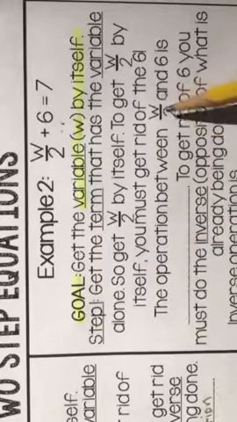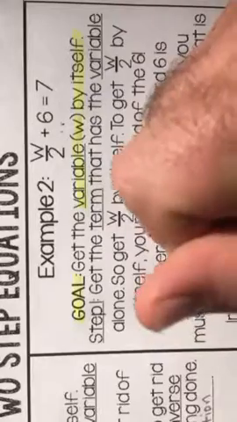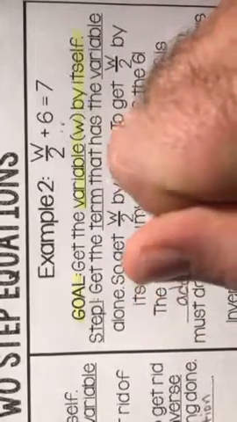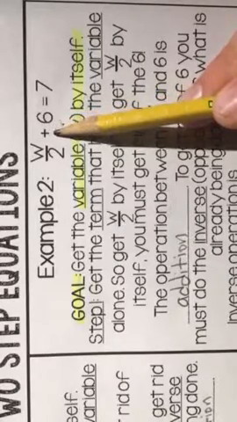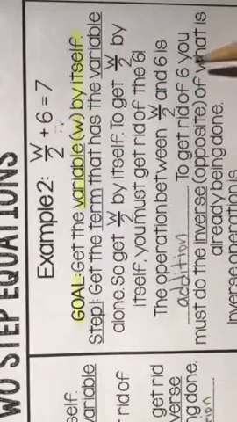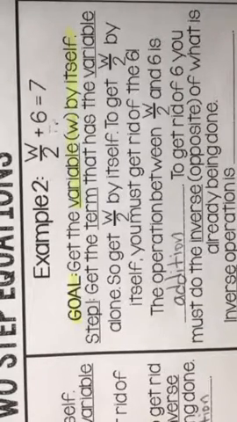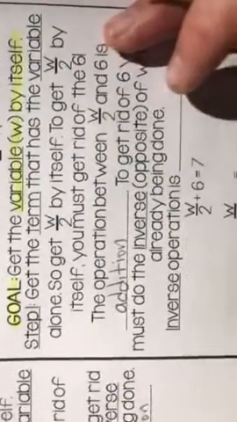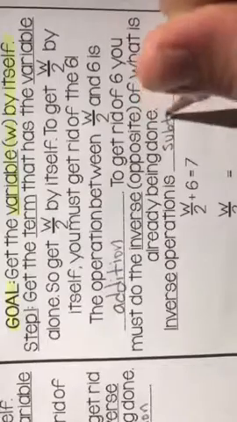The operation between w over 2 and 6 is addition. To get rid of 6, you must do the inverse or the opposite of what is already being done. So the inverse operation of addition is subtraction.